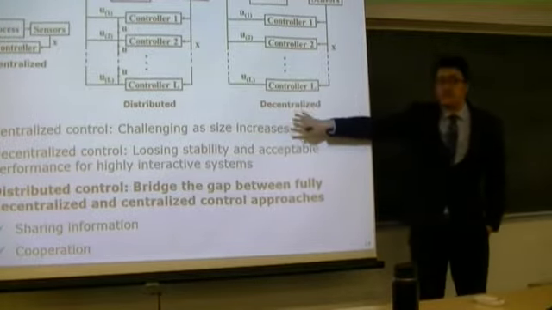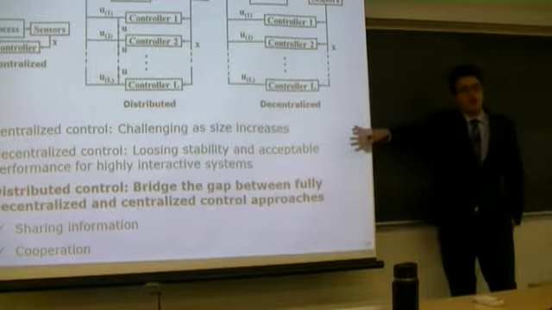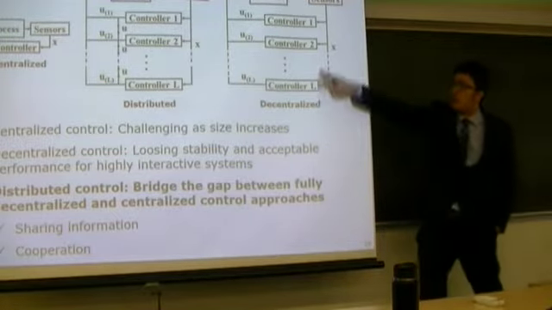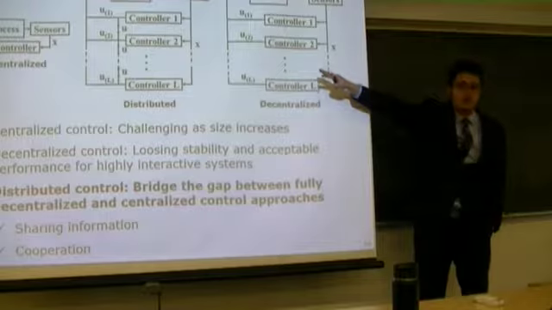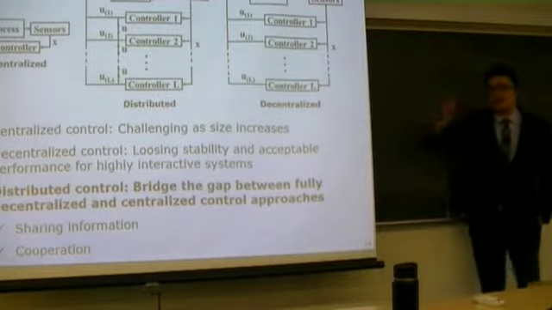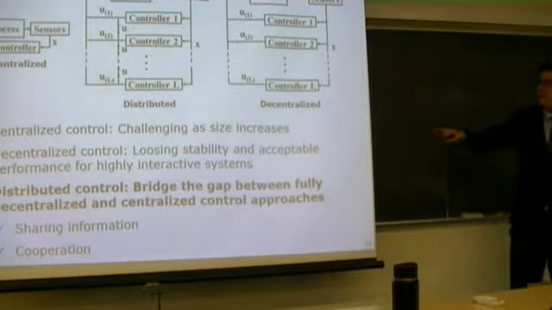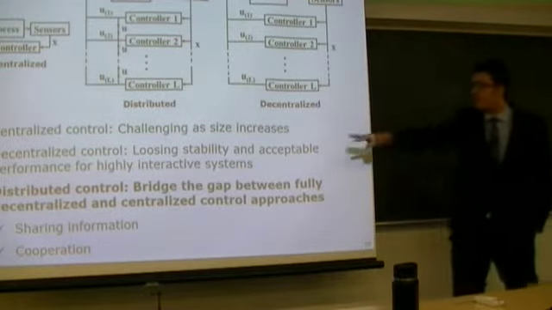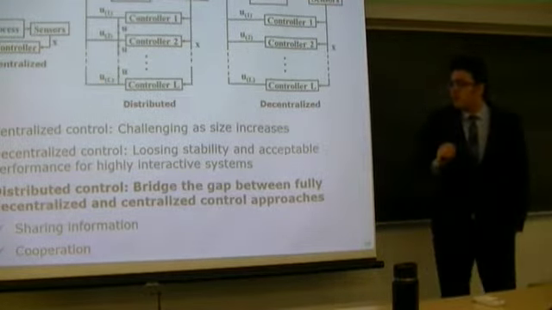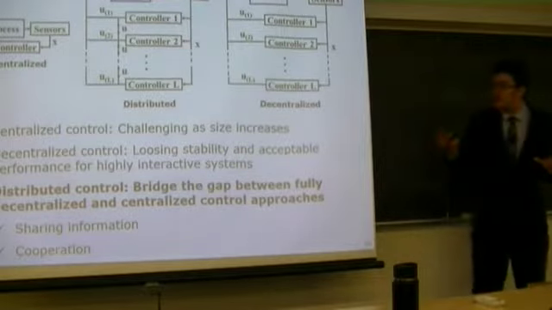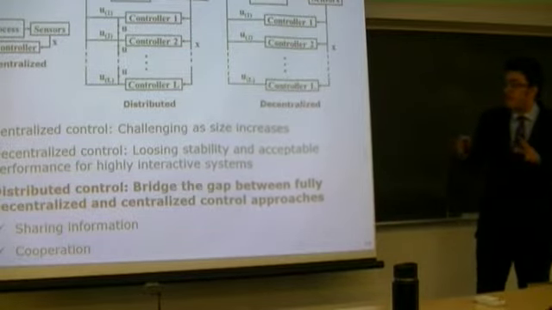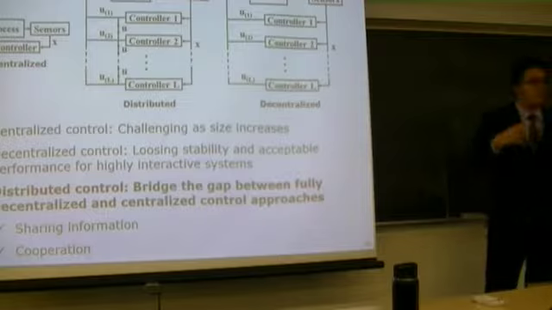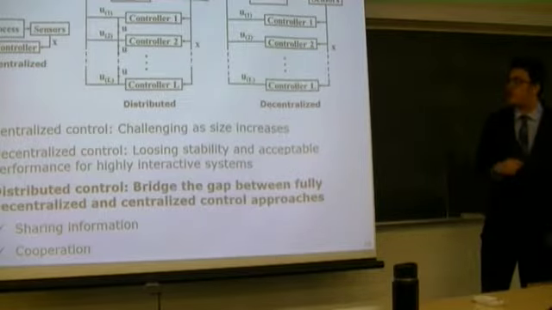The other extreme is the fully decentralized control architecture, where there is no communication between the local controllers. This very old perspective has been widely used in industry, but in most cases, it will lose stability and acceptable performance when we have a highly interactive system due to tight material and energy integration.